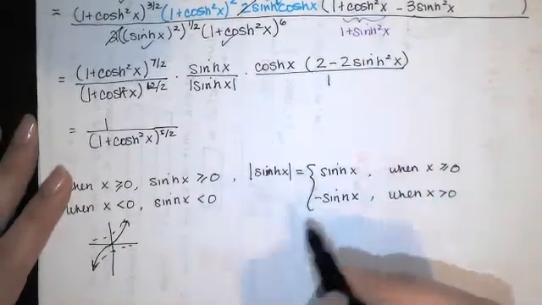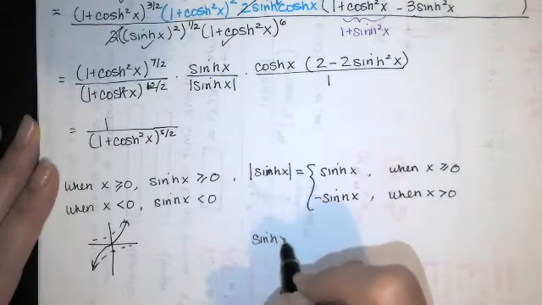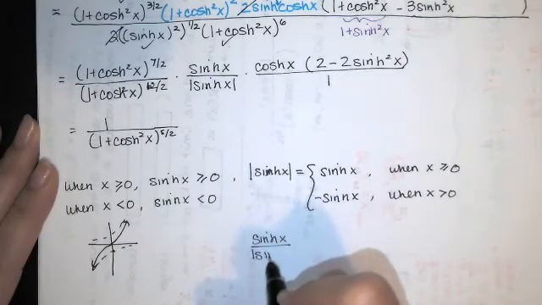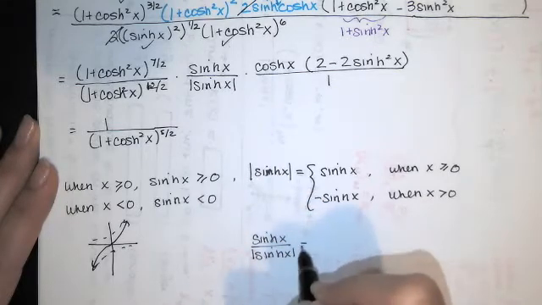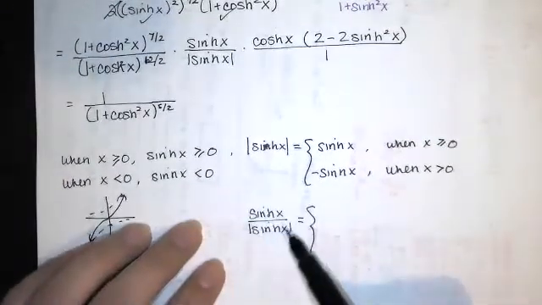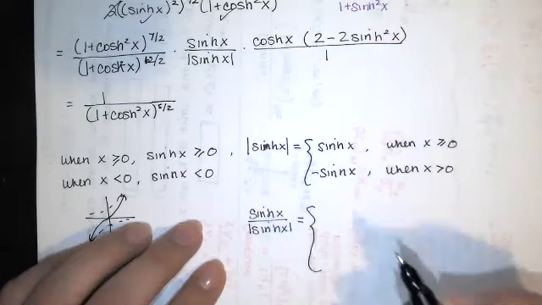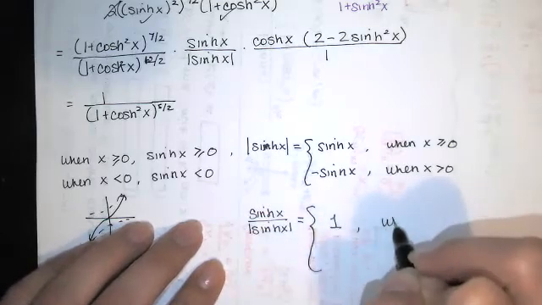And that means that when I take hyperbolic sine of x and I divide it by the absolute value of hyperbolic sine of x, well, when hyperbolic sine of x is positive, that happens when x is positive, we just get a number divided by itself, so that's going to give us a 1.